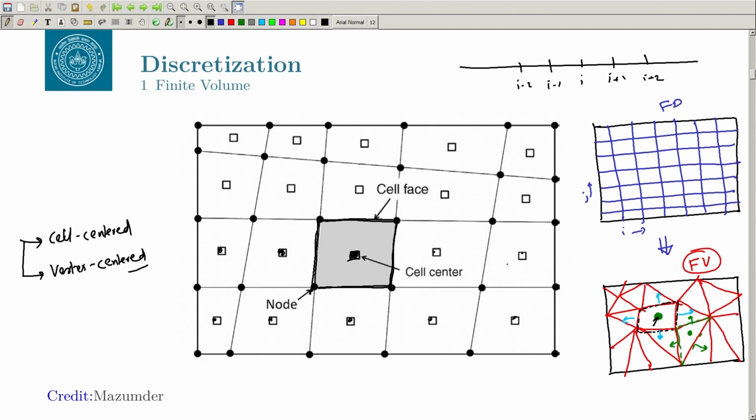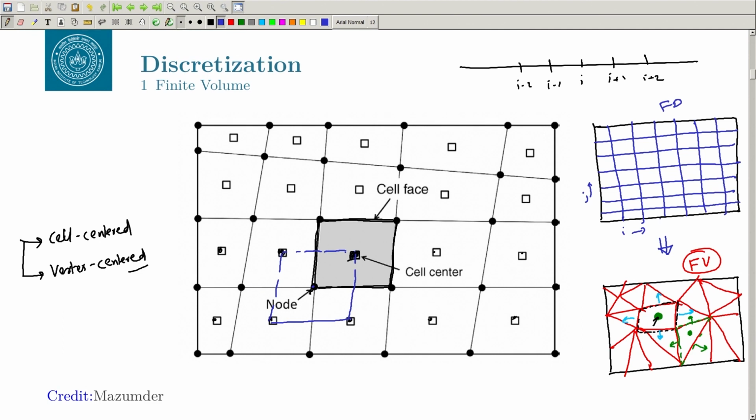In the vertex centered or node centered approach, you will have the variables stored at the nodes. Then if you want to make a grid there, this will be your cell. If I take this node, this is my cell. Similarly, you can collect each node there and make a cell around that. That is just the way you do it.